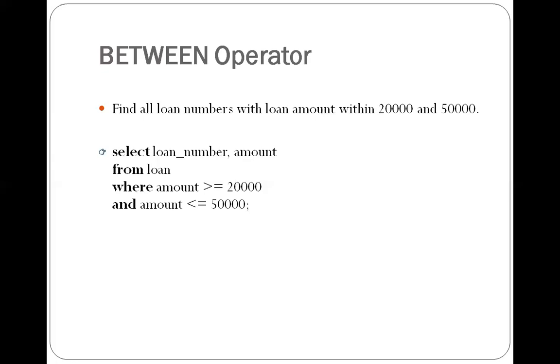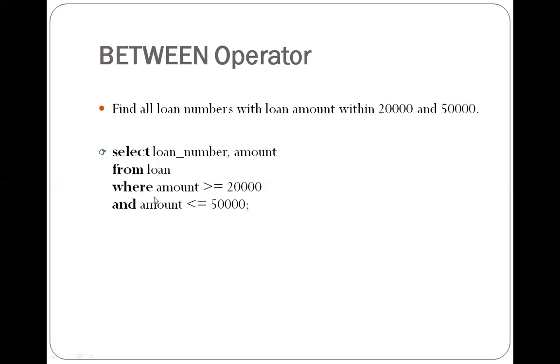That is, select loan number comma amount from the table name loan, where amount greater than equal to 20,000 and amount less than equal to 50,000.